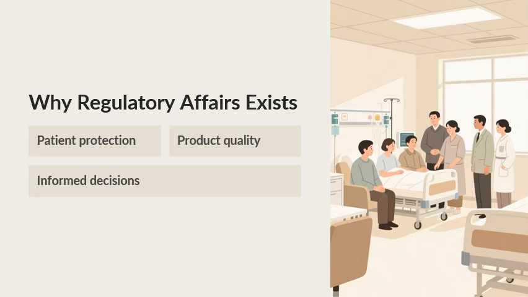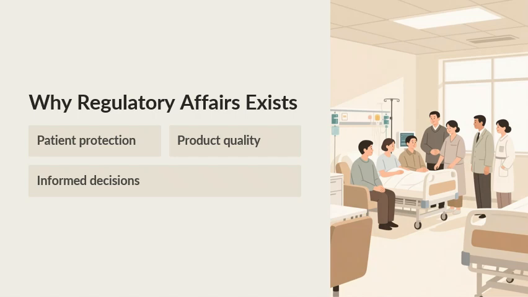Regulatory affairs exist because medicines are not ordinary products. Before a medicine can be used by patients, society needs confidence that it works as intended, has an acceptable level of risk, and is manufactured with consistent quality.